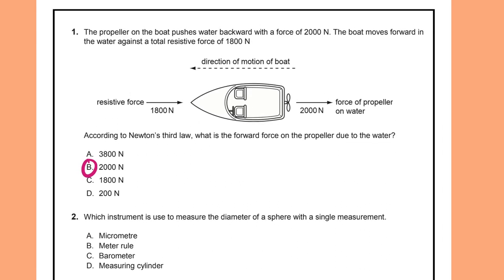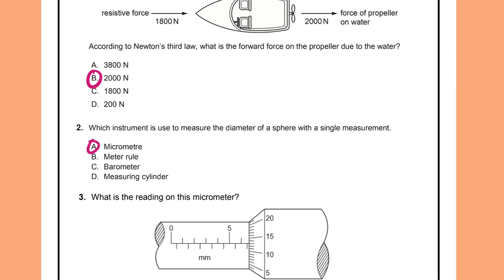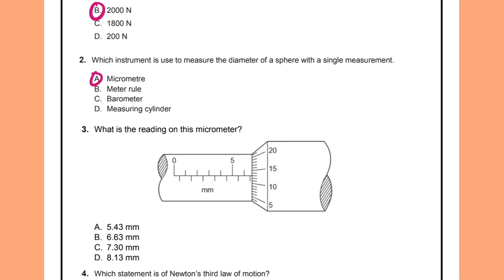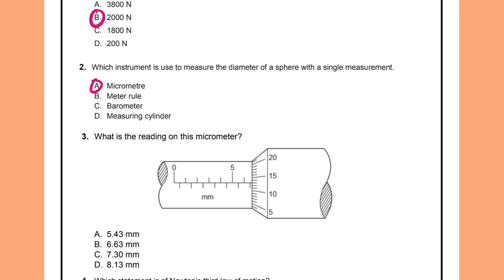Question number 2, which instrument is used to measure the diameter of a sphere with a single measurement? So the answer to that is a micrometer, very straightforward. What is the reading on this micrometer? Again, if you guys recall, we have done this question previously as well. So I look at the main scale, so 5, 5.5, 6, 6.5.